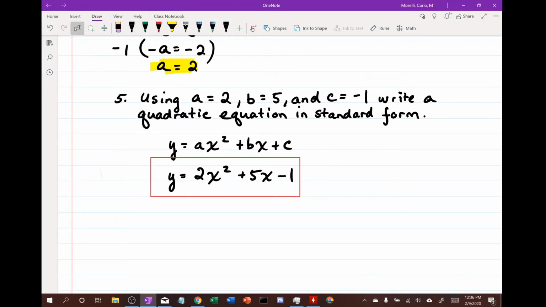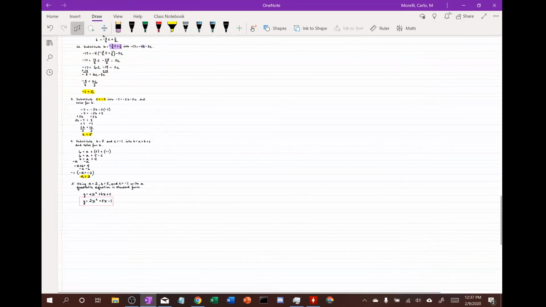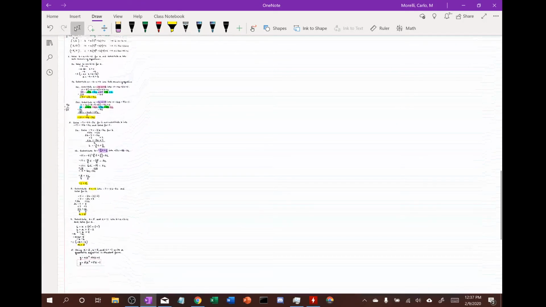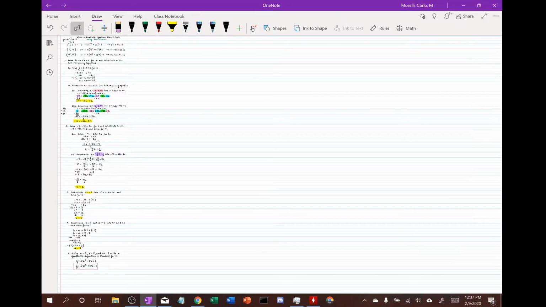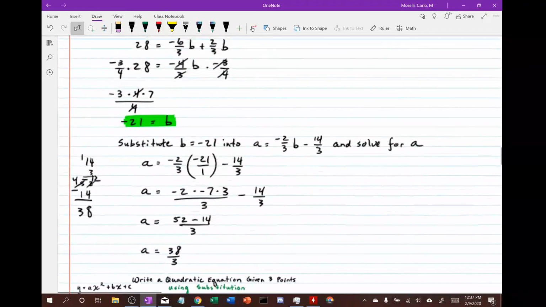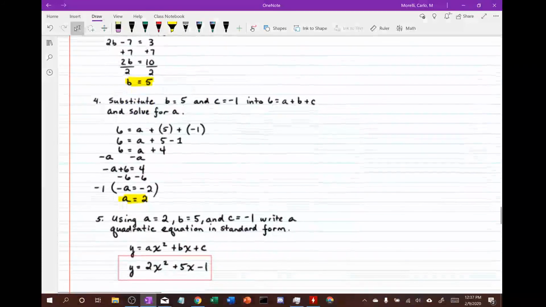And then the global view, where you can see the whole thing in one frame. There it is. Okay. And that concludes. Let me grab the quadratic.